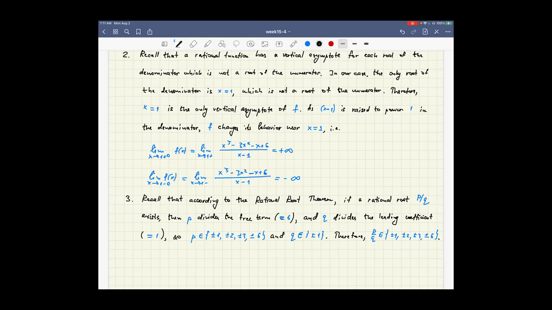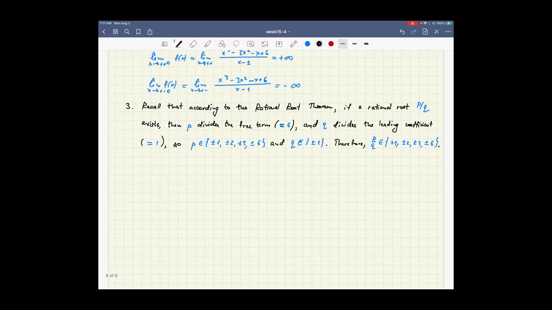If we start computing the values at these points, we get what?